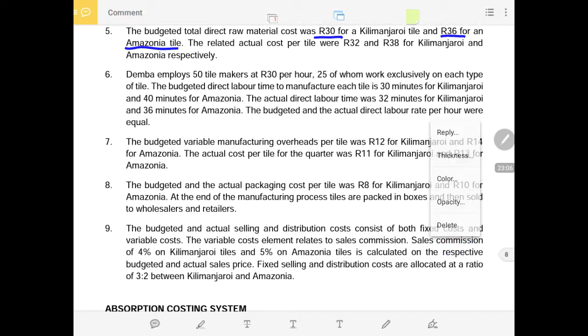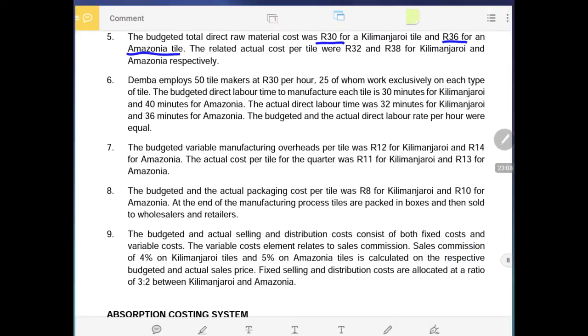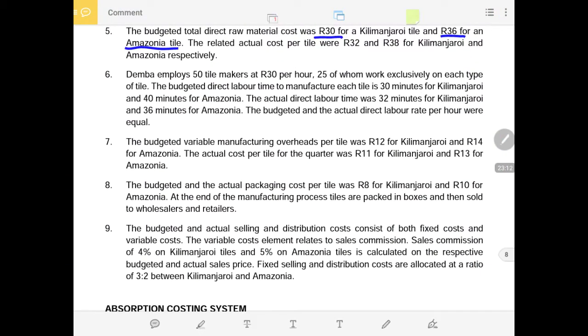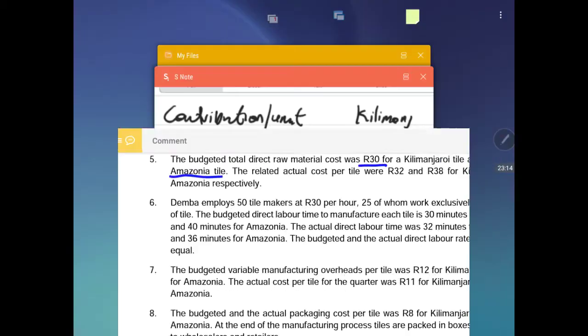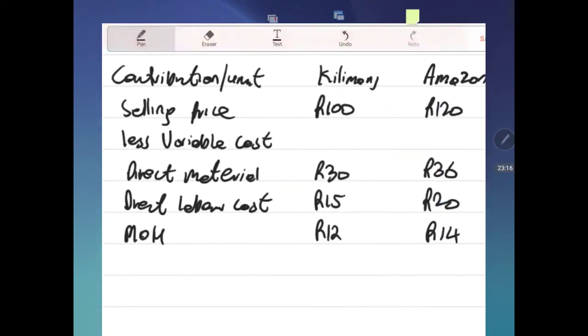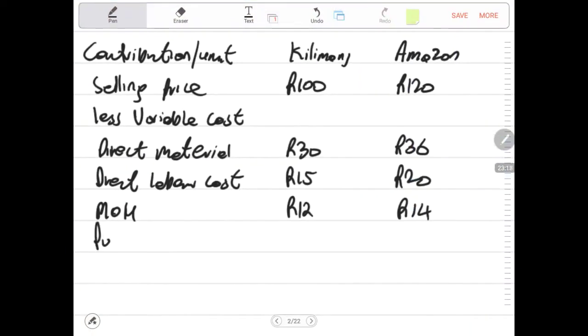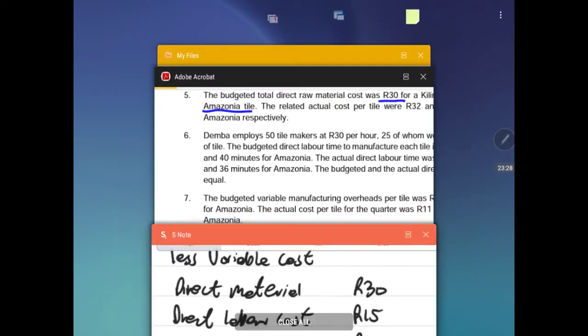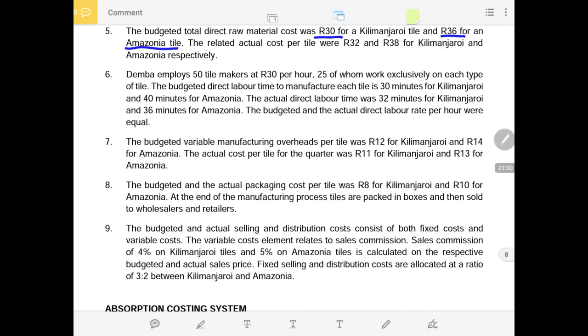So it will be 8 rand and 10 rand for the packaging cost. Then let us continue to the next cost that we have.